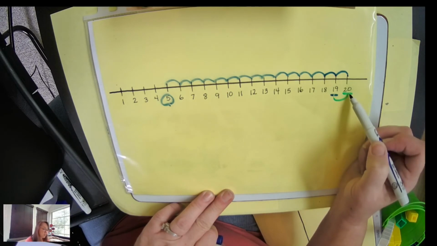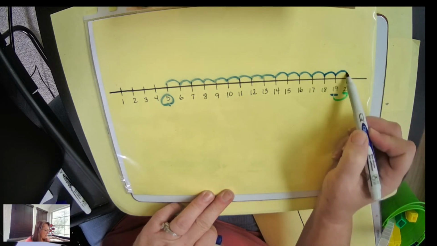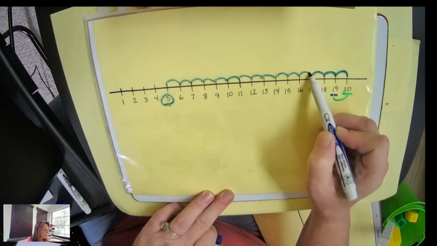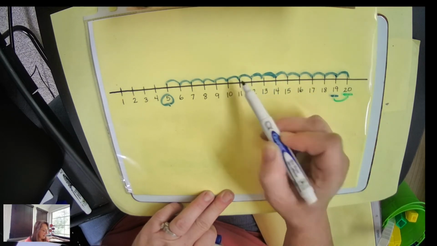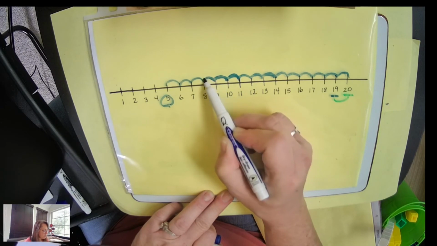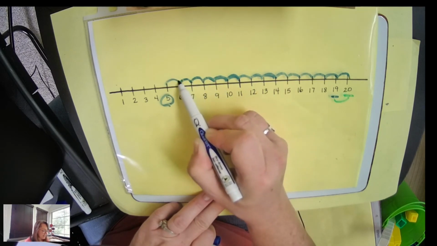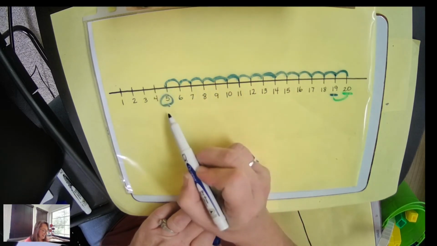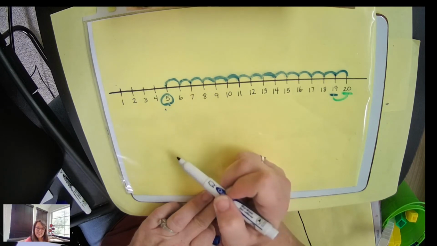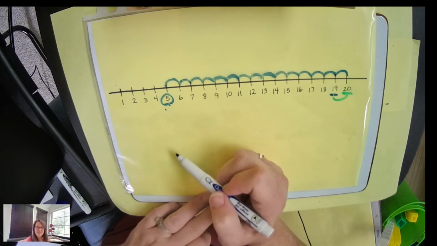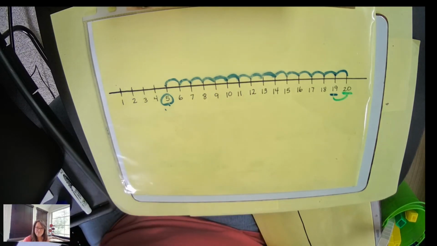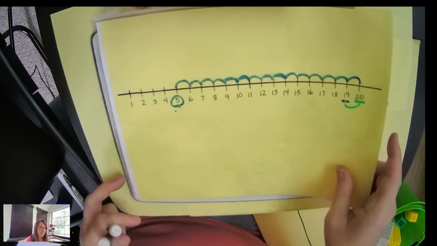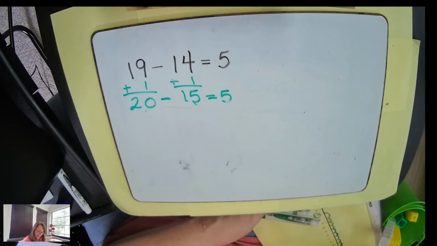So now we have 20 minus 1, 2, 3, 4, 5, 6, 7, 8, 9, 10, 11, 12, 13, 14, 15. 20 minus 15 also equals 5. That's really great, guys.